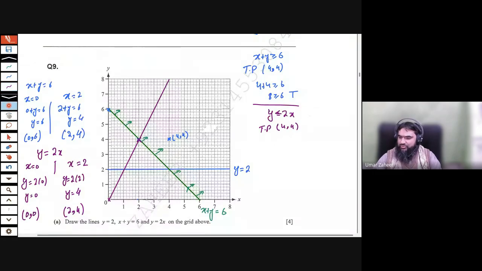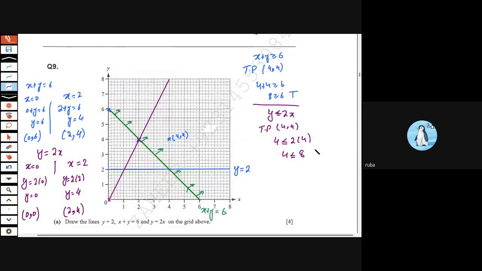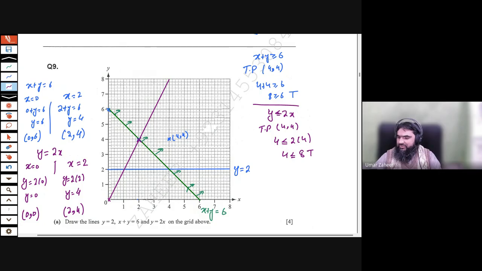You can choose any point here, but the point must not be on the line. If it is on the line, both sides will be 0. All right, so we have 4 is lesser than or equal to 2 into 4. 4 is lesser than or equal to 8. Is it true or false? It's true. This means that the region is towards this point.